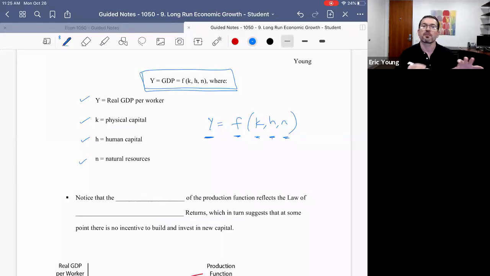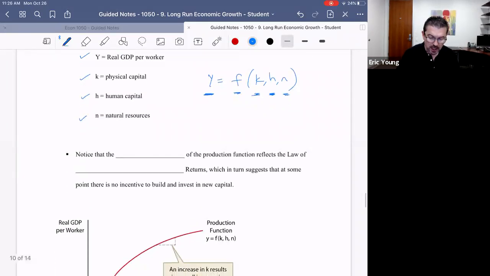All we've done is taken the previous factors and synthesized them into a nice, simple model. This is the Solow growth model. Now, there are a lot more subtleties to it, which we can go over if you want, but at its basic part, real GDP per capita is a function of the physical capital, human capital, and natural resources that an economy has, okay?